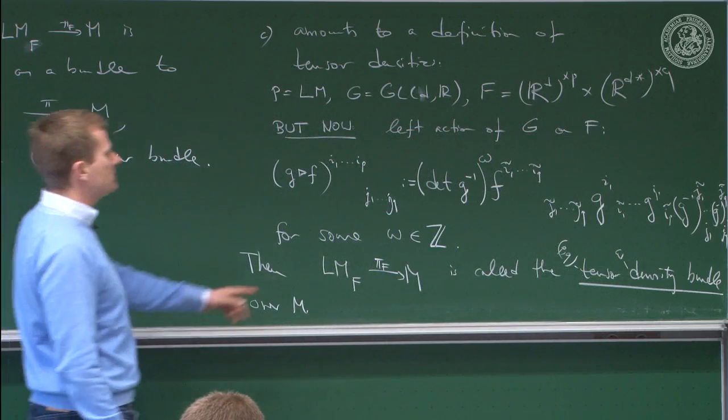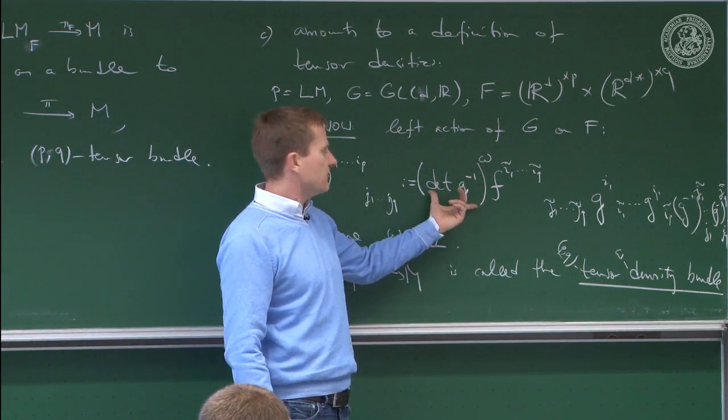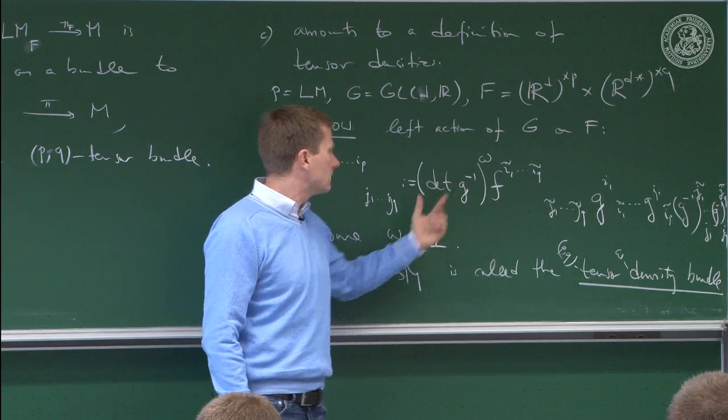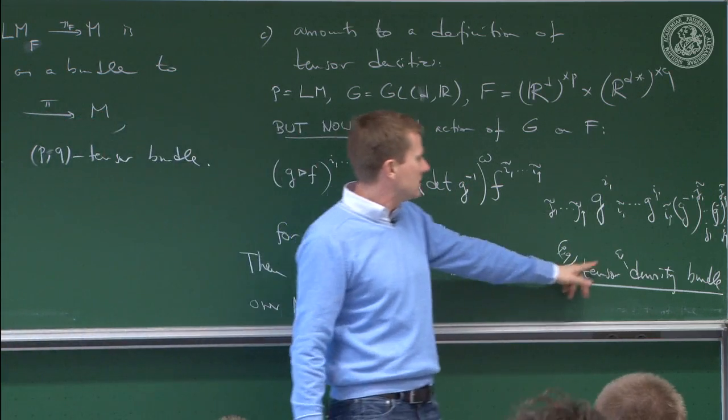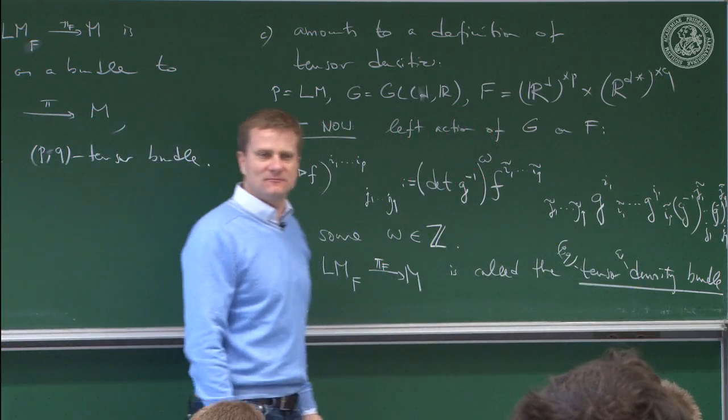Obviously, for omega equal to 0, this factor goes away, and we recover the tensor bundle. So a PQ tensor is a PQ zero density bundle.